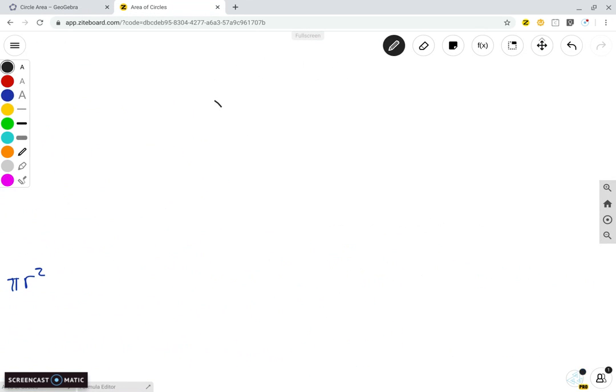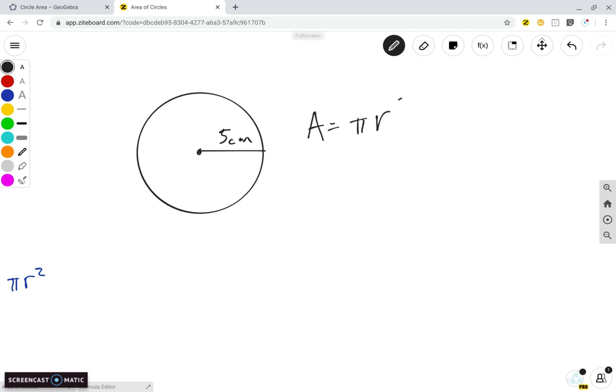All right, so we have this circle, and we're saying it has a radius of 5, let's just say centimeters. Okay, so the area equation we've come up with is pi r squared. So the area of this circle is pi times the radius, which is 5, squared.